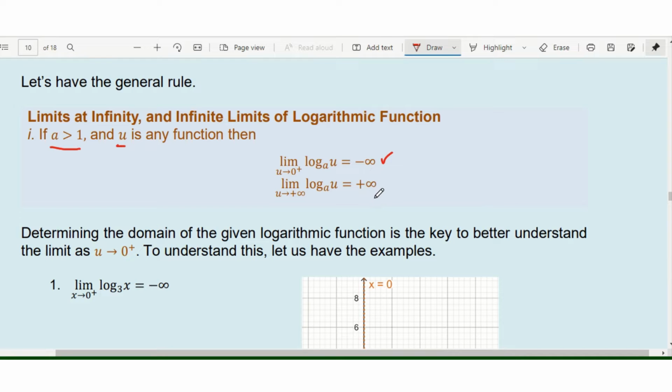However, the limit of logarithm of u to the base a as u keeps on increasing without bound is positive infinity. Again, u is a function, so u can take any possible expressions just like x plus 1, x minus 1, okay? Because u is just a representation of that kind of function.